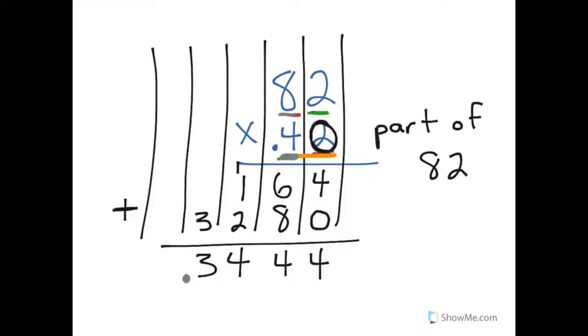But if we go back to the original problem of 82 times 42/100ths, we have to keep in mind that 42/100ths is close to half. The decimal for 1/2 is 0.5 or 5/10.